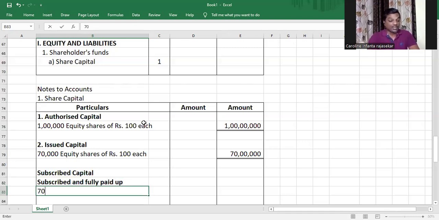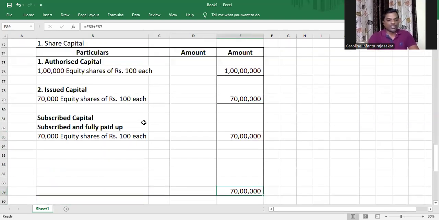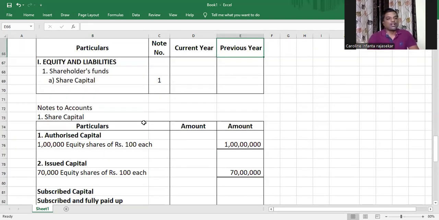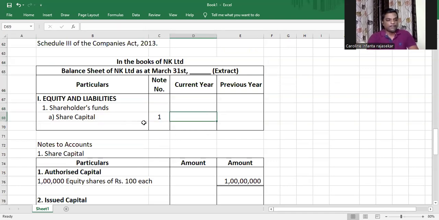How many shares, my dear children? 70,000 equity shares of rupees 100 each. And that will be 70 lakh rupees. So my total is going to be 70 lakh rupees. I'll go ahead and write the total in the current year in the share capital. And with that, my dear children, this problem is over.